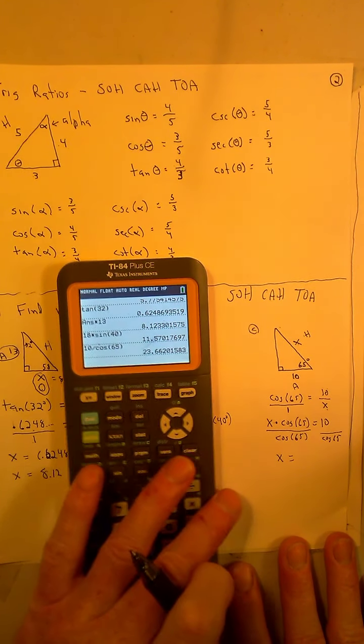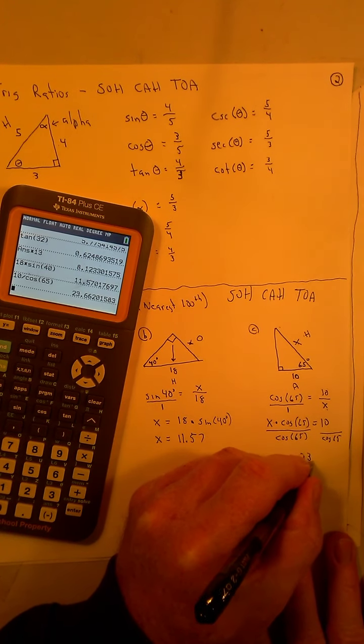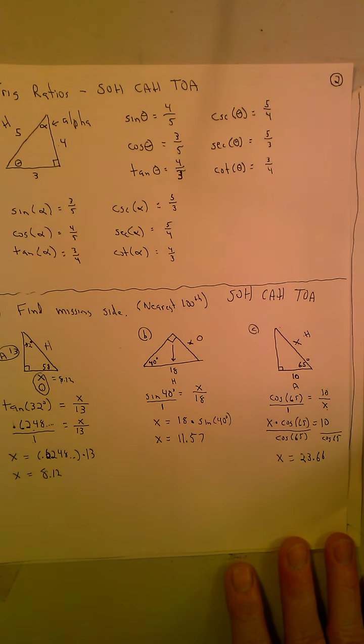Okay, so those are the two possible scenarios you can get when you're trying to find the side using trig functions in a right triangle.